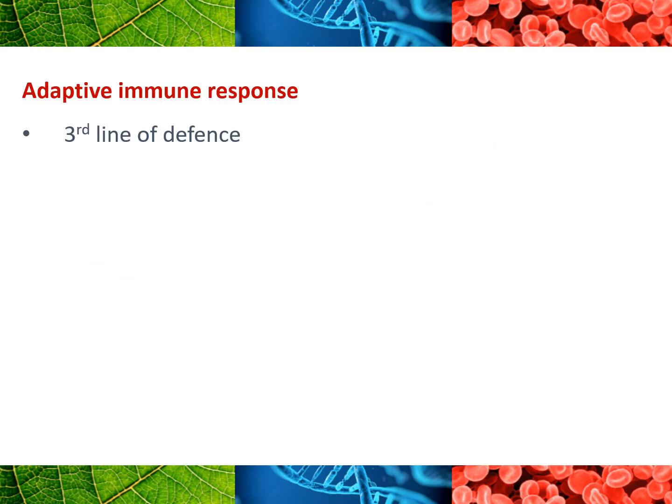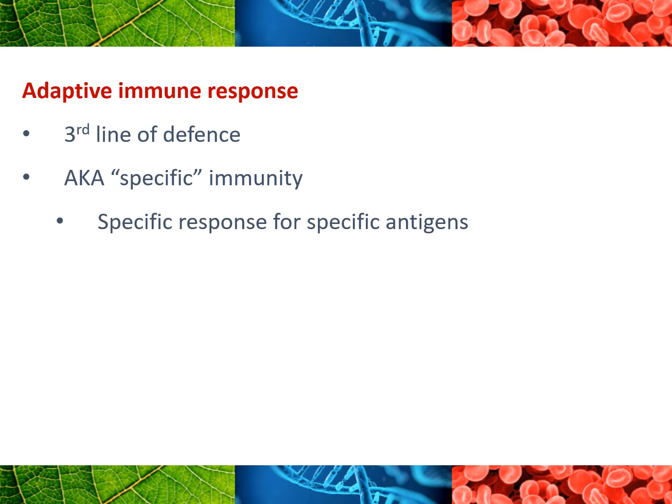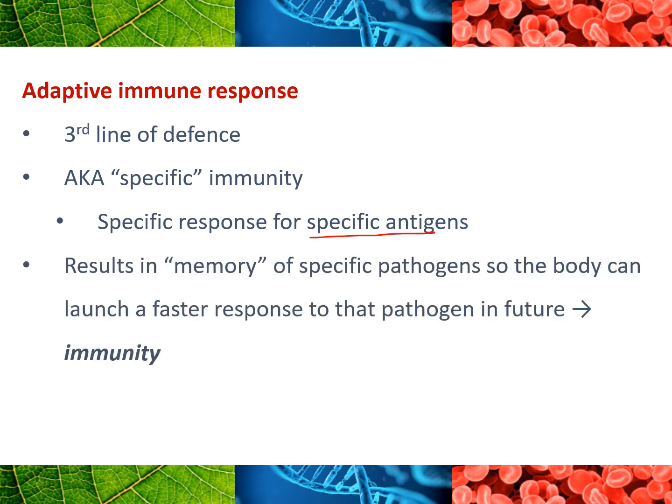So the adaptive immune response is also known as the third line of defense, the specific immune response, and this is really looking at the fact that it's a specific response for specific antigens. So our innate response was just general responses to kind of any pathogens in the body, things like inflammation, fever, whereas now we are looking at specific responses.